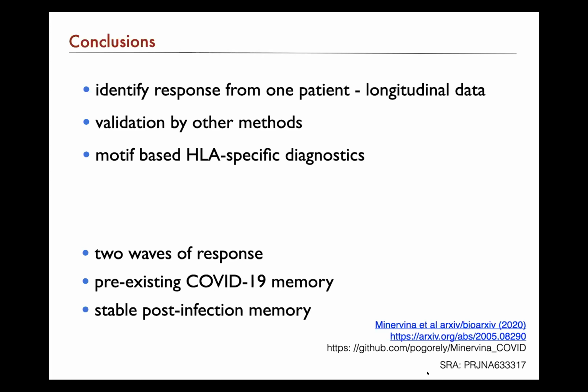And here is the data. There'll be an updated version of the manuscript available tomorrow morning on the archive with everything I mentioned, and the data is available here. So thank you.